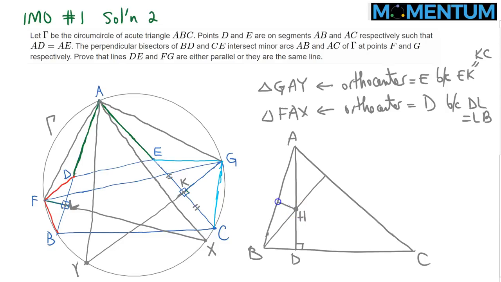Let me just complete the whole thing. Now my claim is that I need to show the length AH. So this is E, this is F. Let's calculate AH in terms of the side lengths of triangle ABC and the angles.